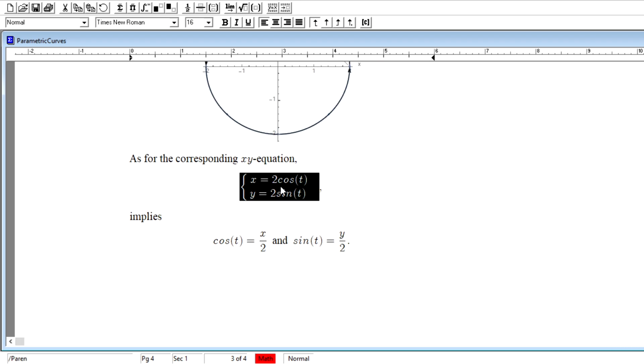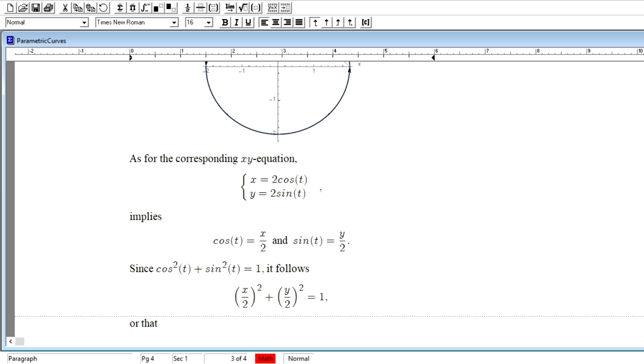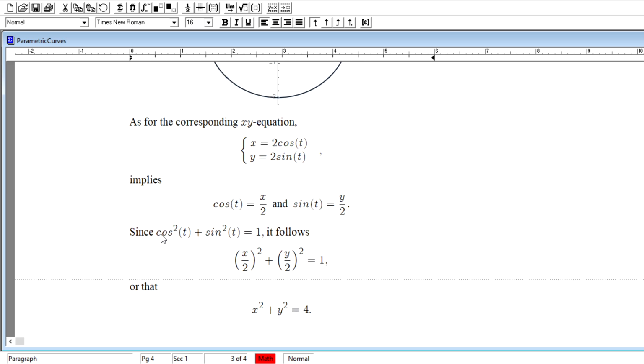If we were to derive the rectangular equation for this set of parametrics, this does imply that cosine t equals x over 2 and sine t is equal to y over 2, dividing both sides by 2. Since we know that cosine squared of t plus sine squared of t is equal to 1, it does follow that replacing the cosine with x over 2 and the sine with y over 2, we can write (x over 2) quantity squared plus (y over 2) quantity squared must be equal to 1.